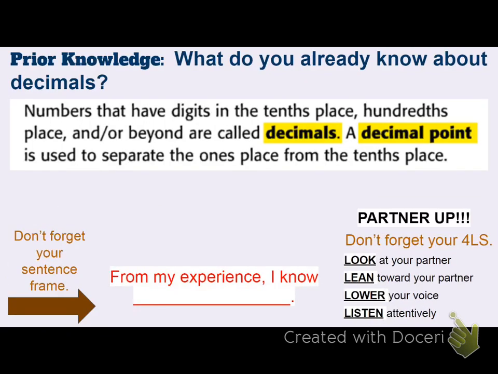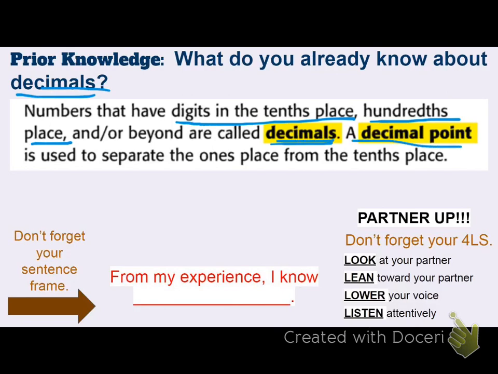Since we'll be dealing with decimals and fractions, I want you to think about what do you already know about decimals? Well, when I think about decimals, I think that they have digits in the tenths place, hundredths place, and of course beyond. Those are the decimals, values less than 1.